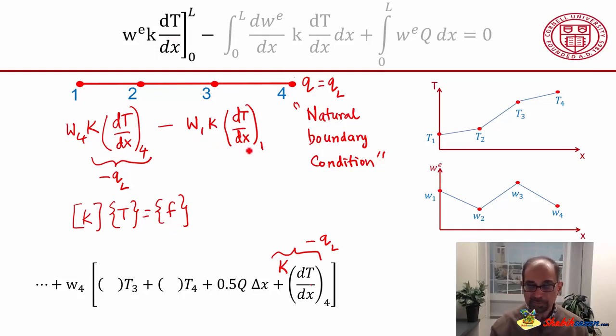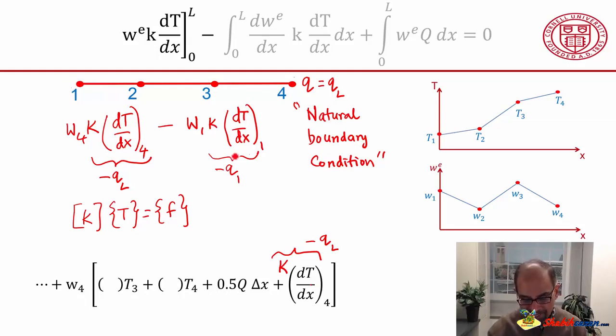And then this term gives you the flux. So this is the flux that gives you minus flux at the left boundary, which is over here. So it's giving you the flux at this boundary, and that's not known.